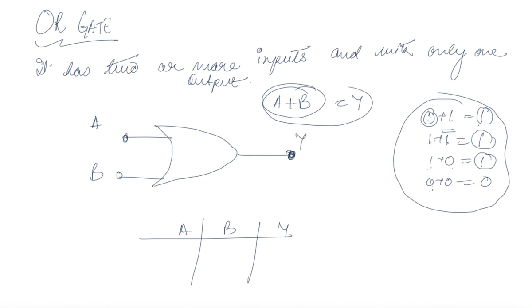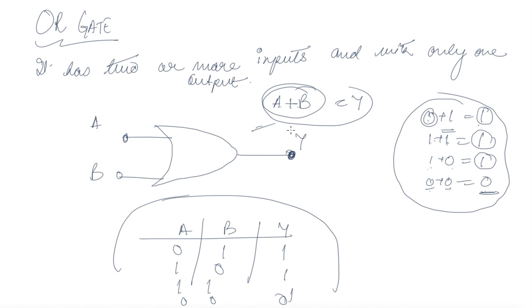And in the last case, 0 and 0, no voltage and no voltage, so the output will also have no voltage. And this is given by A plus B. So 0, 1, 1, 1, 0, 1, 1, 1, 1, 0, 0, 0. So this is its truth table, and this is how we can understand the logic of OR.